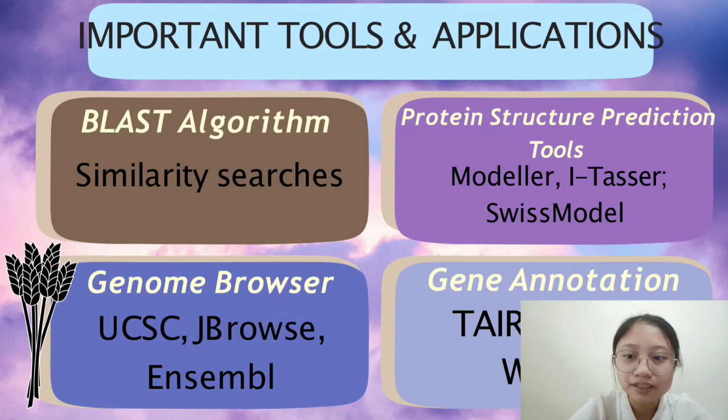Next, protein structure prediction tools include, firstly, MODELLER, which is a computer program used for homology modeling to produce models of protein tertiary and quaternary structures. I-TASSER is a hierarchical approach to protein structure prediction and structure-based function annotation. SWISS-MODEL is a fully automated protein structure homology modeling server to make protein modeling accessible to all life science researchers worldwide.